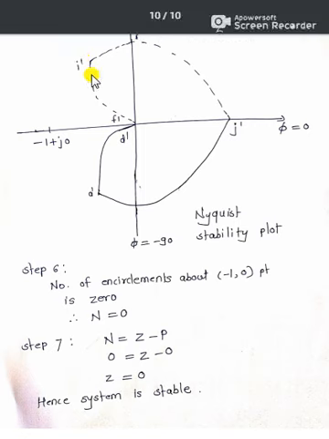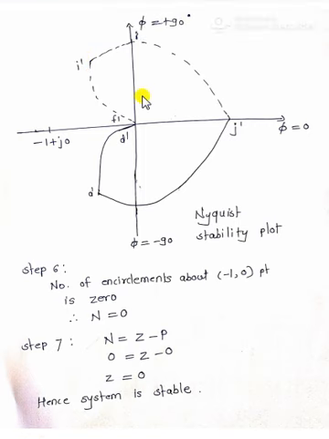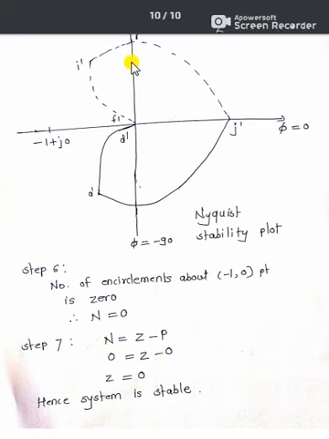Then the I dash J dash A dash path is what? The I point we found has magnitude infinity, so we take it on the imaginary axis, and the angle value is plus 90. J has magnitude infinity, so we randomly select this point on the real axis, angle is 0.